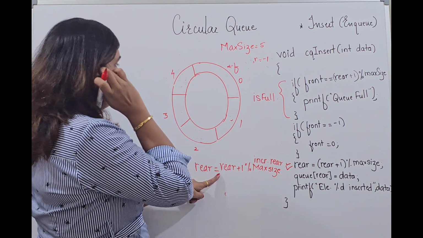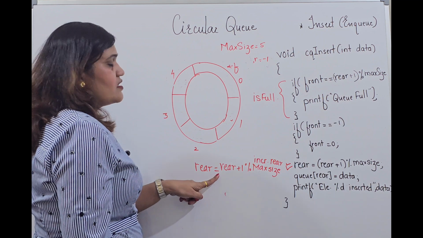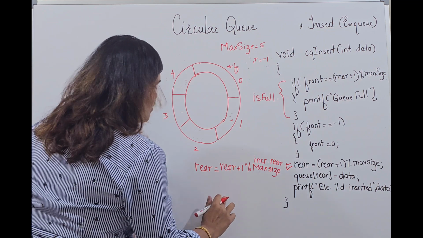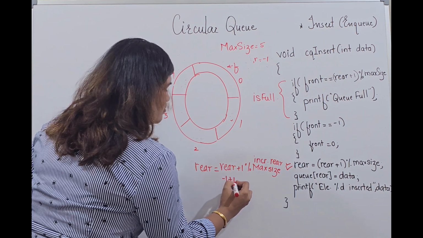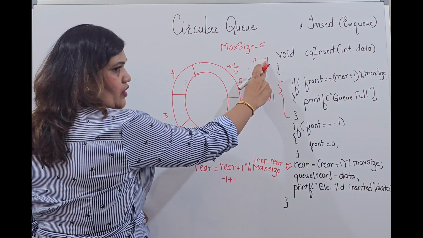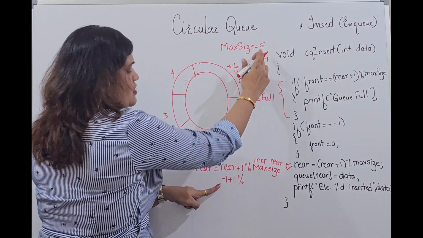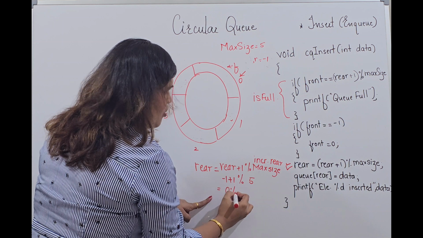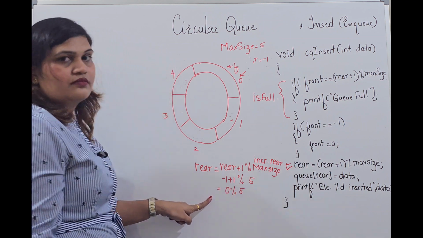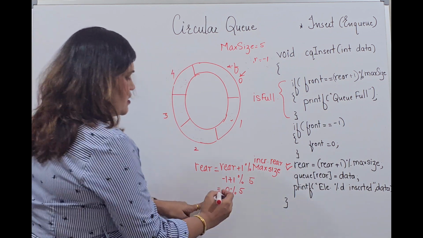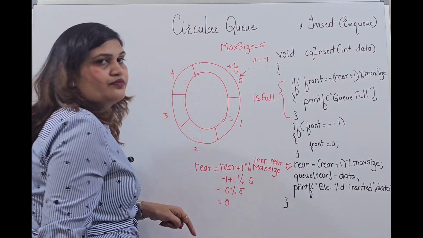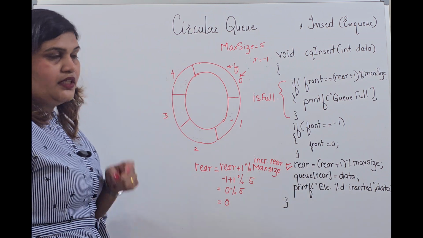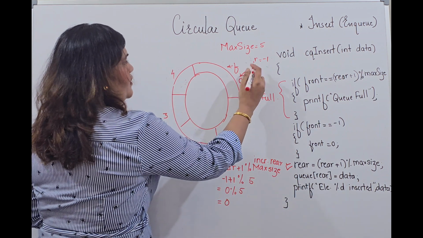What is the value of rear for now? Rear is -1. So -1 plus 1, that is 0, mod of max size, that is 5. That is 0 mod of 5. Okay, the answer would be what? 0. Okay, so my rear is pointing here.